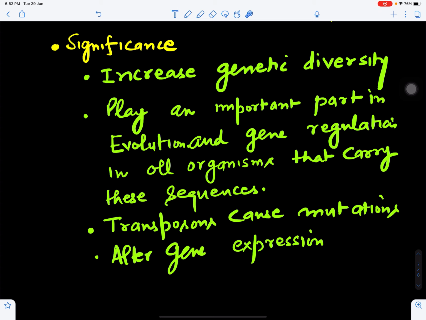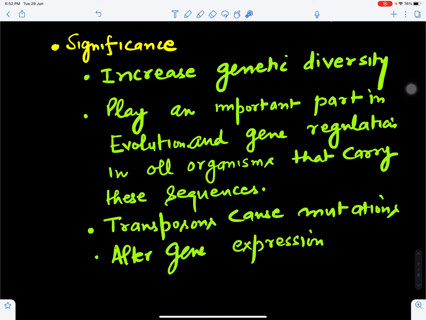Transposons also cause mutation because wherever they get integrated, they will change the DNA sequence, change the codon, change the protein, change the gene expression, change the gene regulation, and ultimately lead to mutation. And due to mutation, there is an evolutionary process, and they are also causing the evolution process.